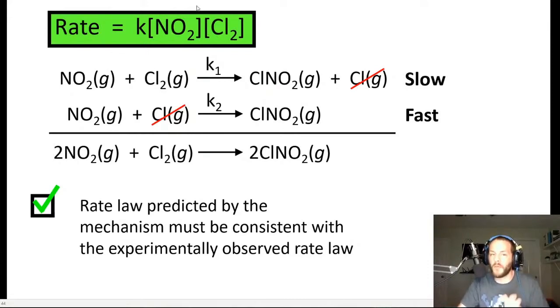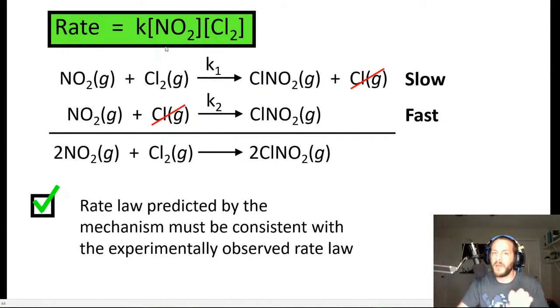The way that we arrived at that rate law is by understanding that the first step of the reaction is the slow one, the rate limiting step. And so the rate law of the overall reaction is simply the rate law of the rate limiting step. And so this is how we arrive at this equation up here, and it is consistent with an experimentally observed rate law.